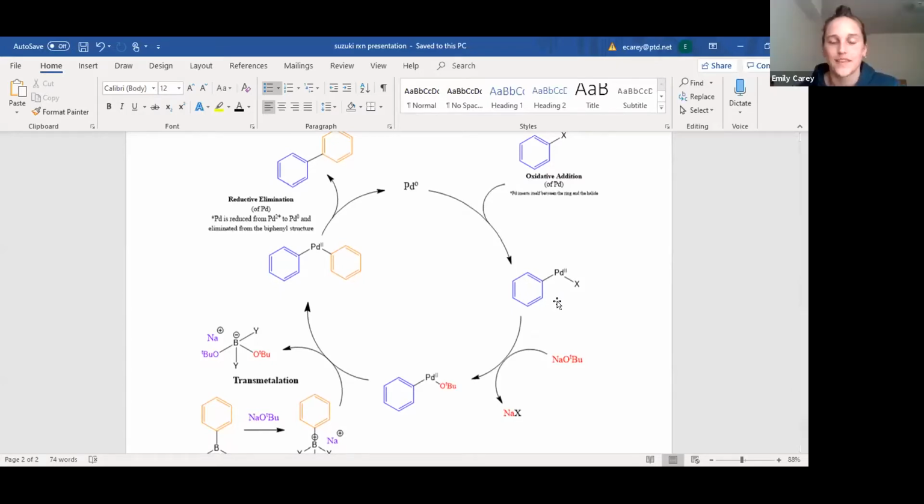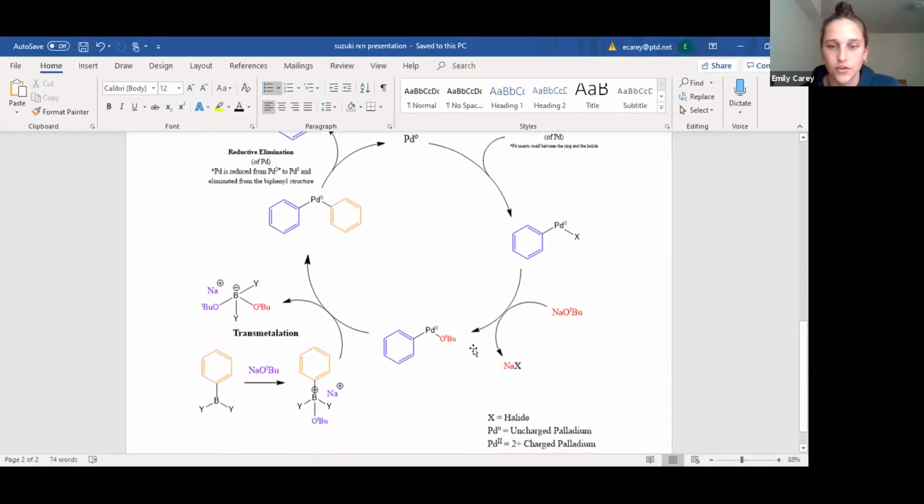Yeah. And so the whole thing is similar to Naya's step, but in a different order because here the base is used to remove the halide and then put the oxygen t-butyl group on the complex. And here we have transmetallation, which you could see here. This is the boronic acid, and this is where the base is used to make the alkyl borate.